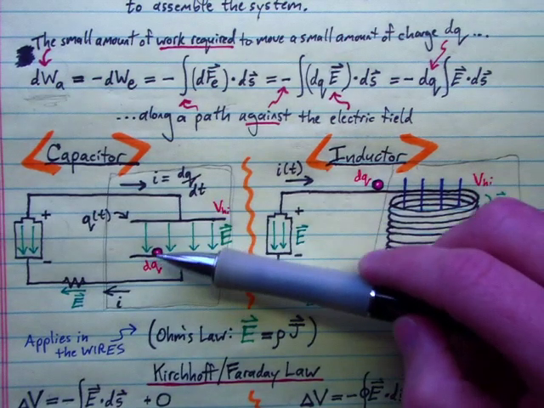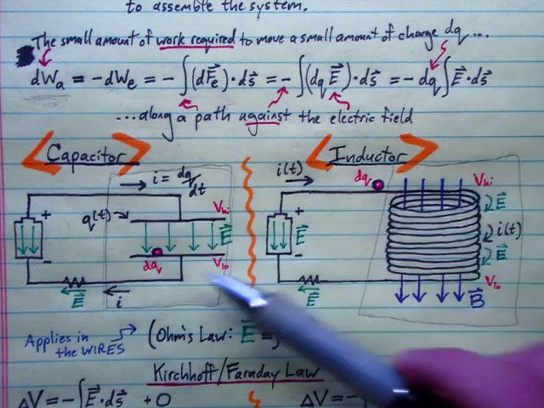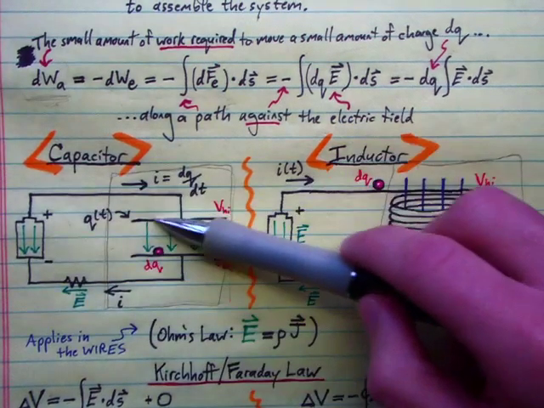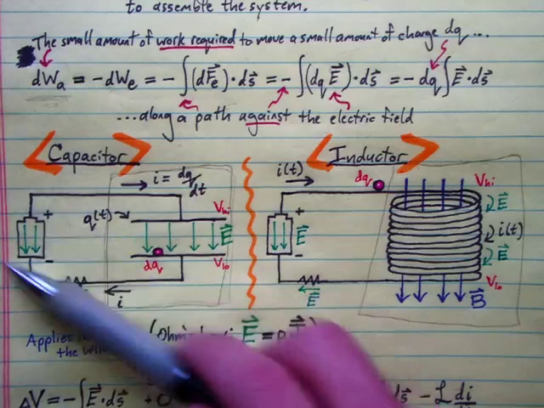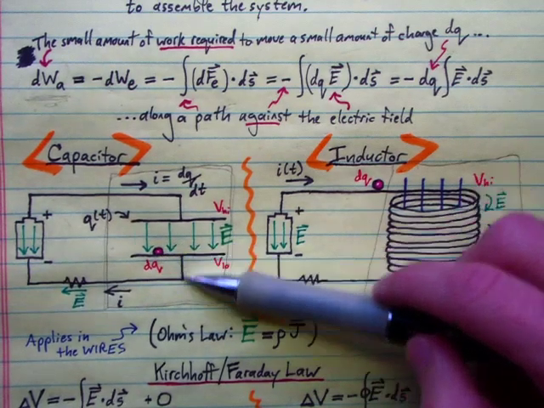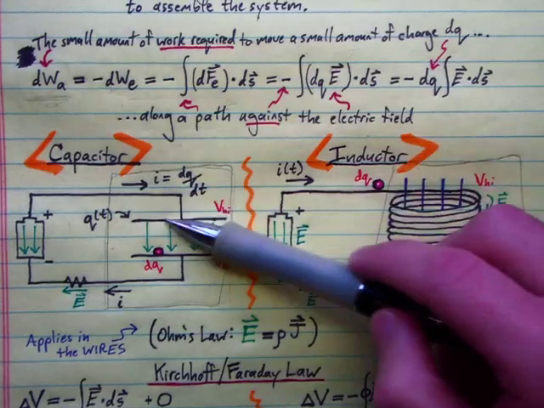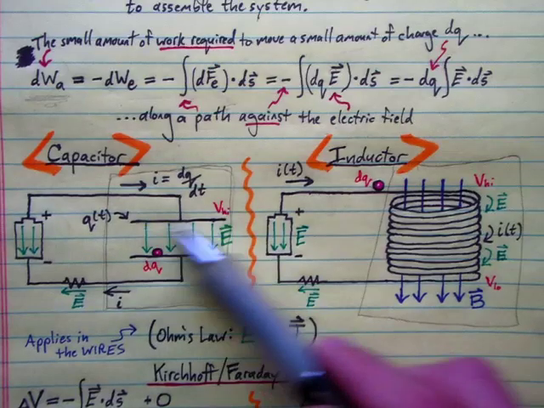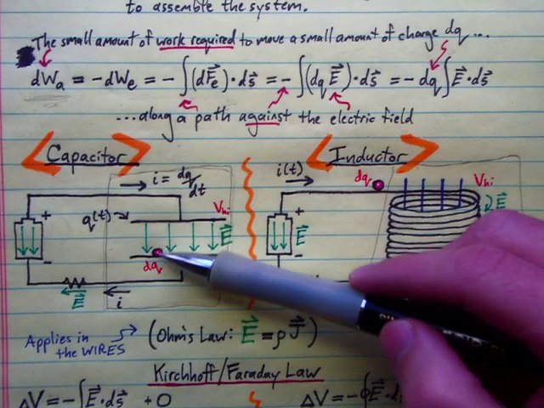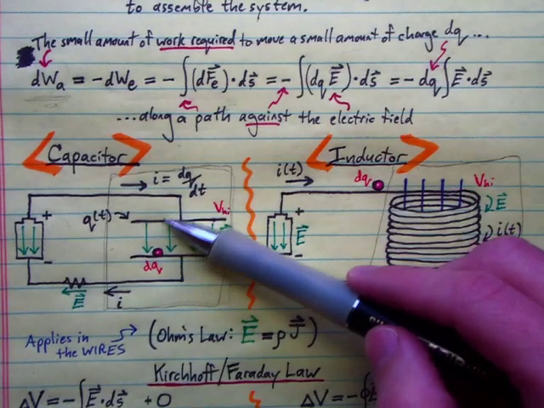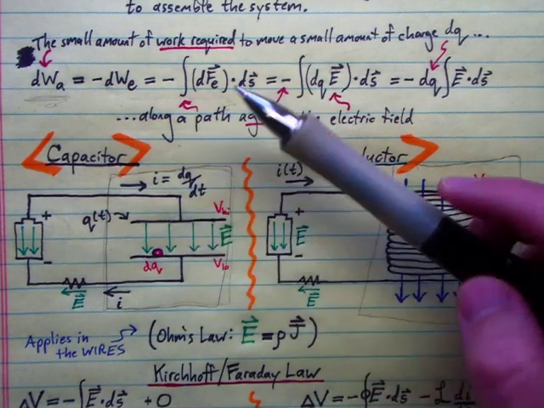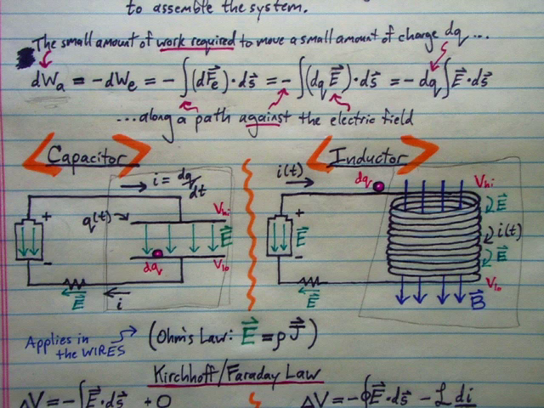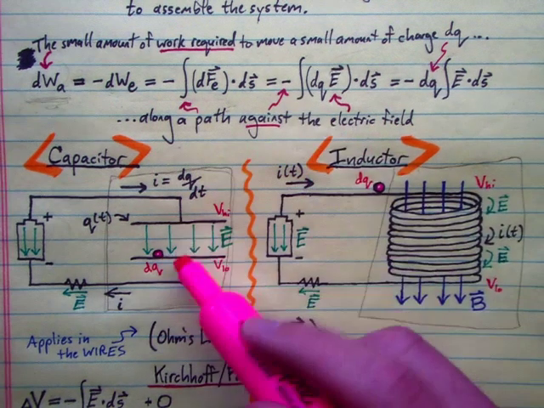Although not directly across the gap in our capacitor, we're going to push it all the way through this circuit to get to there. So it's the battery doing work to lift this charge up to add it to our top plate. And as our top plate gets more and more positively charged, it'll become more and more difficult to add additional positive charge to it because it's going to repel additional positive charge. So we have to do work to lift this charge up. So here's our path. We're taking this positive charge dq.